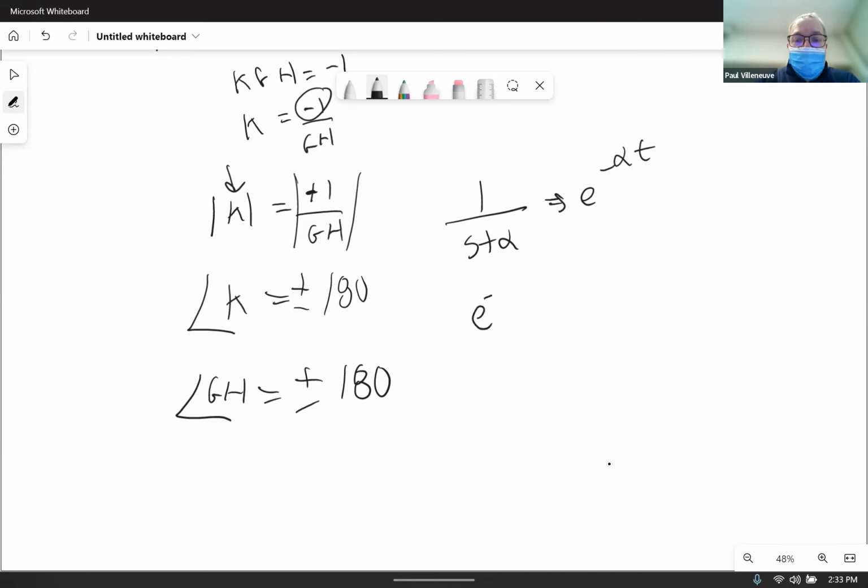From a time constant perspective, e to the minus t over tau has to be the same as e to the minus alpha t. If we take the natural log of both sides and divide out our t's, we end up with minus 1 over tau is equal to minus alpha. So tau is equal to 1 over alpha. That's the approach we would use there.